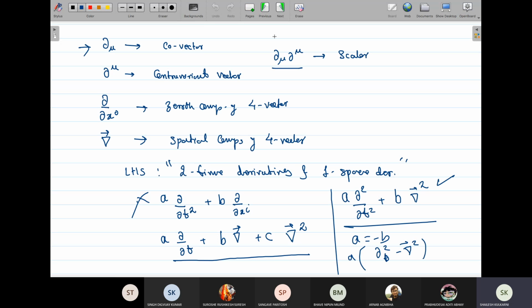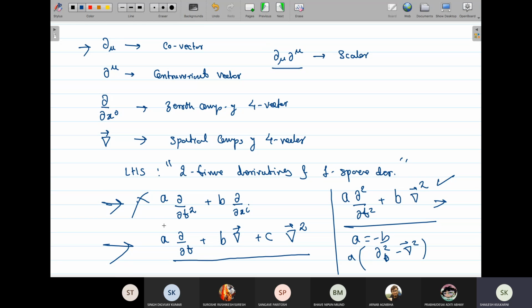Then can you tell me which two terms can survive? Which two terms can give me that kind of restriction? Will this represent that equation? This you told me is Lorentz invariant, so this is actually a scalar. But a scalar is also a tensor of rank 0. So I will count this also. So you have answered this.